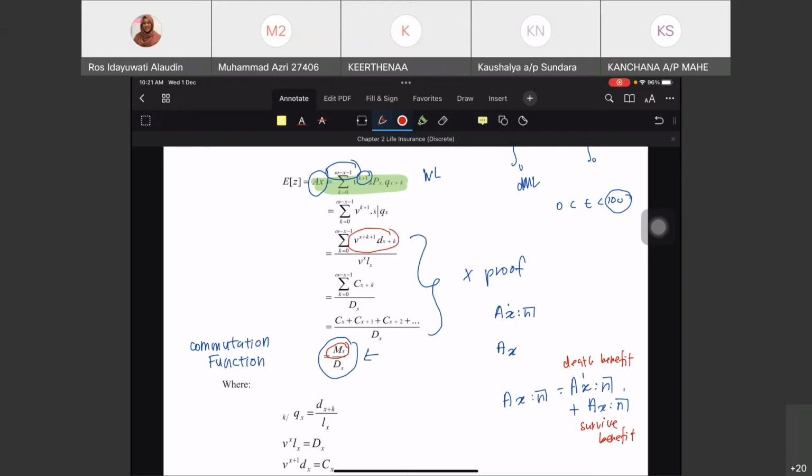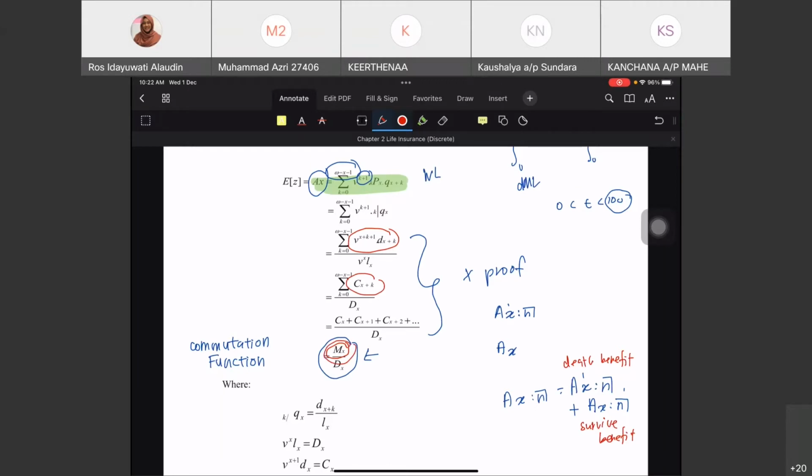So the term for the discount function, and dx is the number of deaths, which we learned already in the life table. The summation of all these becomes Cx, and the Cx summed becomes Mx. But you just have to know the Mx.